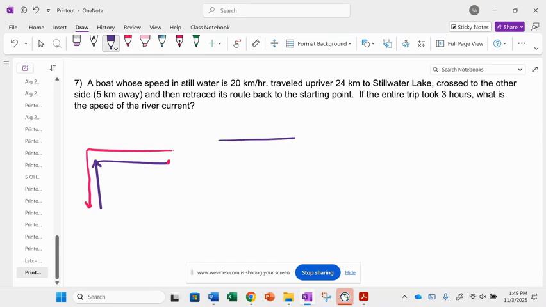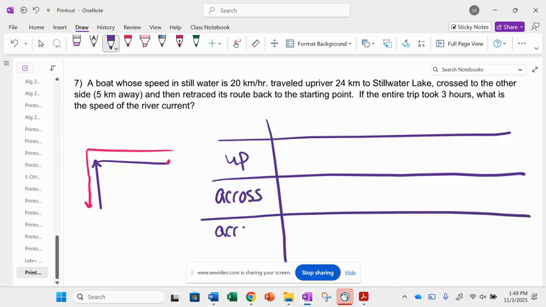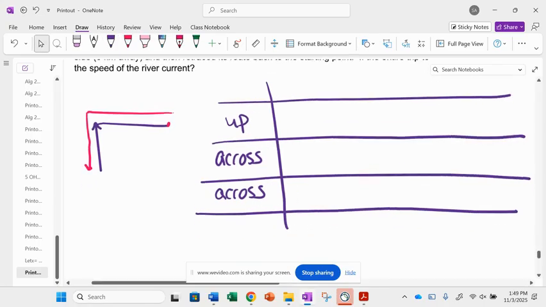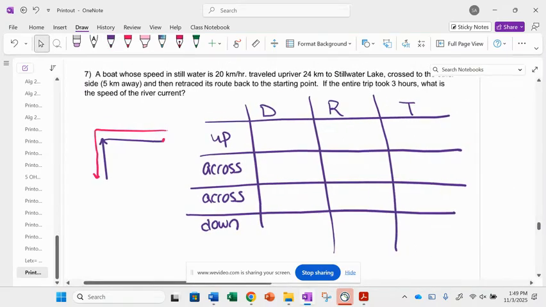So let's map this out. So we went up and then across, but then didn't we go across again? And then down. So I'm going to let X equal rate of current.